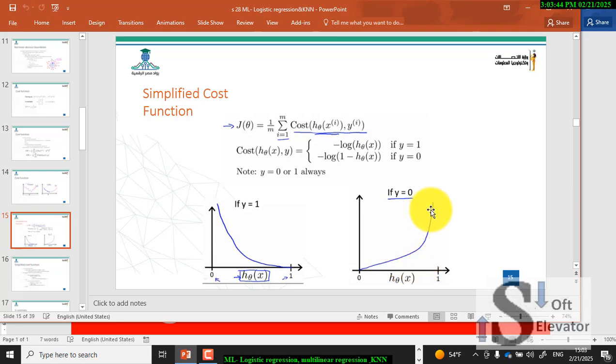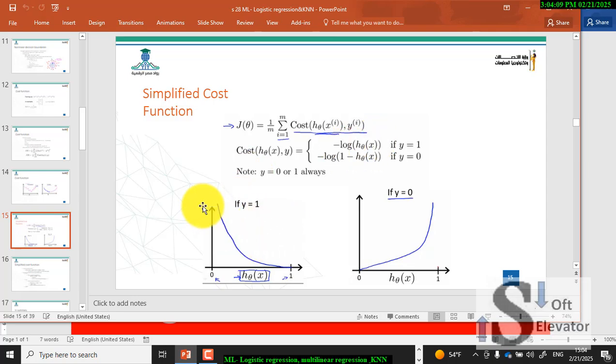H of 1 is here, but here, if y equals 0, we have h of theta, minus log h of theta of x. While if y equals 1, we have minus log h of theta of x.